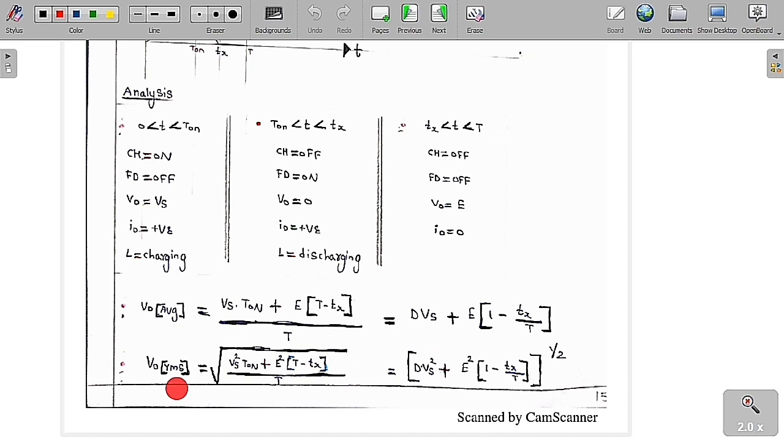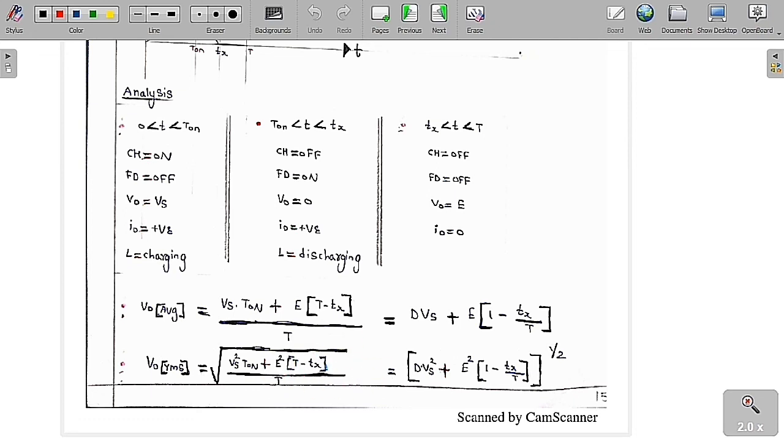If you want to find the RMS value of the output voltage, the RMS value is equal to the square root of 1 by T into Vs square into T on plus E square into T minus Tx.